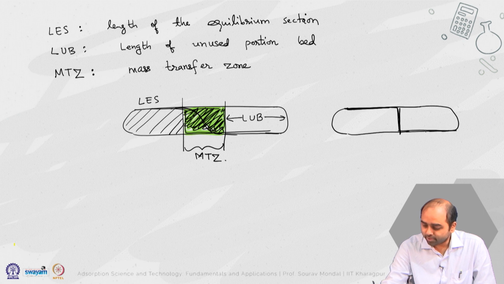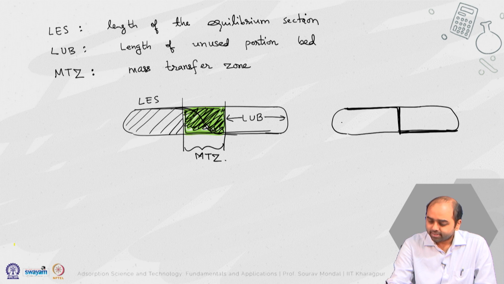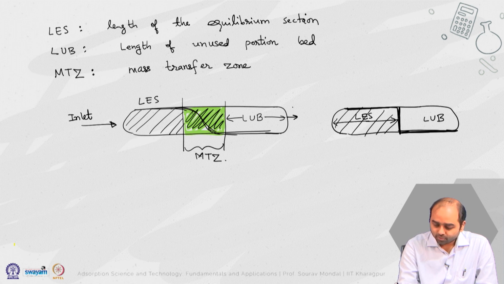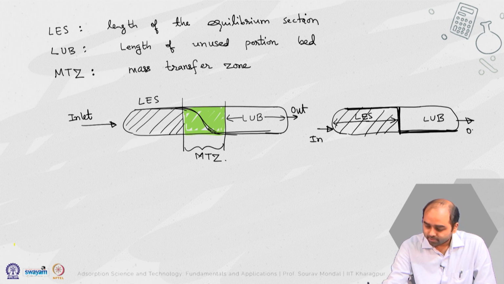There is absolute plug flow and all the ideality conditions are maintained. Then it is reasonable to approximate that the mass transfer zone is 0. So, this is like the equilibrium portion and this is the unutilized portion. So, in both of these scenarios we consider this is like inlet and this is outlet. So, this is in, this is out.